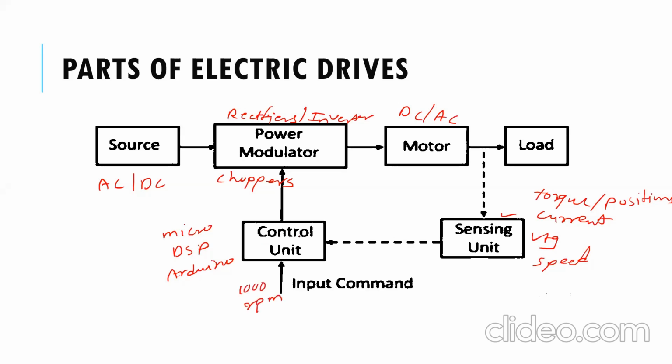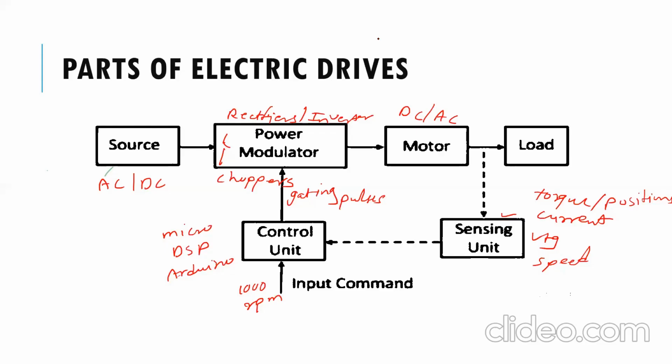Some control algorithm is deployed in the control unit, and it will take necessary action to meet the input command. It generates gating pulses, and these gating pulses are given to the various switches which are there in the power modulator.